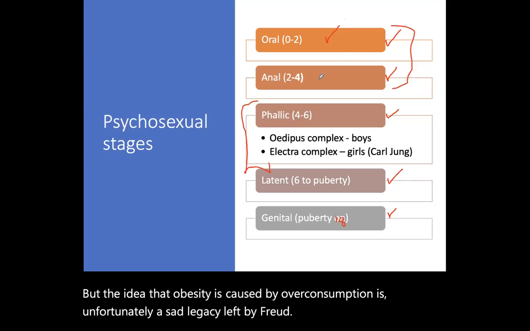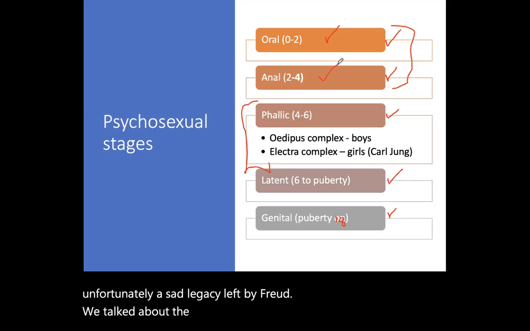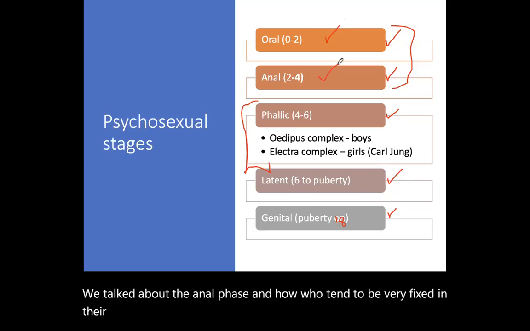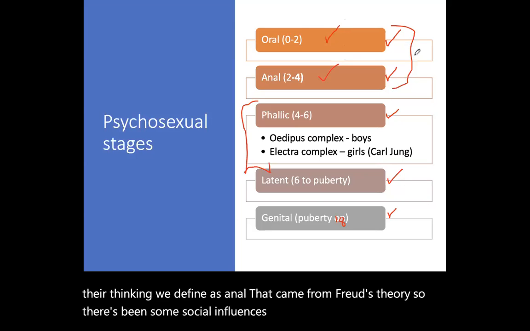We talked about the anal phase and how people who tend to be very fixed in their thinking, we define as anal. That came from Freud's theory. So there have been some social influences of Freud.